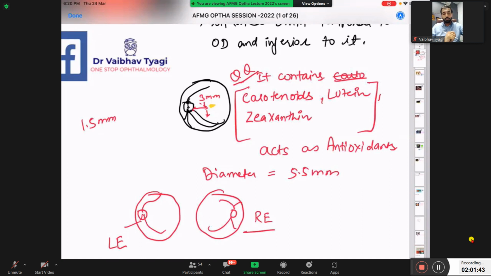Understood the concept? Give me a thumbs up if it is clear. How can you identify which eye it is? With the help of the optic disc.